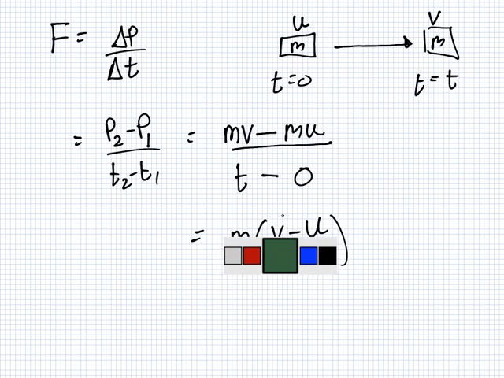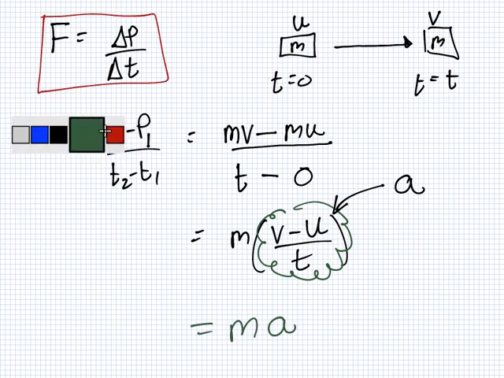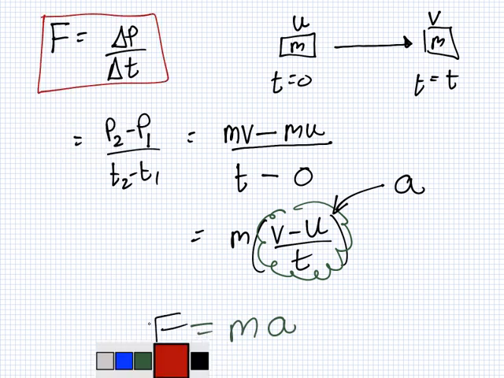Now, this should look familiar because on the top is the change in the velocity over the time. Like, what is this piece here? a, yeah. So this is equal to ma. So in fact, this formula is the same as this one.